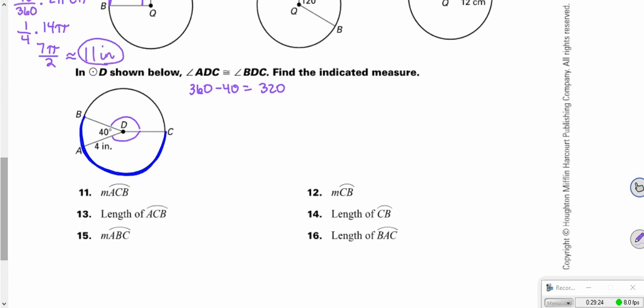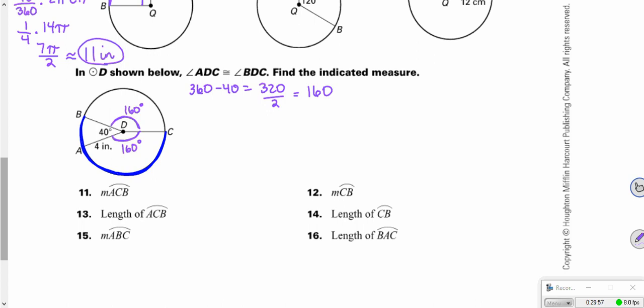So I know that BDC and ADC have to add up to 320, and I know they're congruent. So if I divide by 2, I get 160. So this is 160 degrees and this has to be 160 degrees. I hope that makes sense.